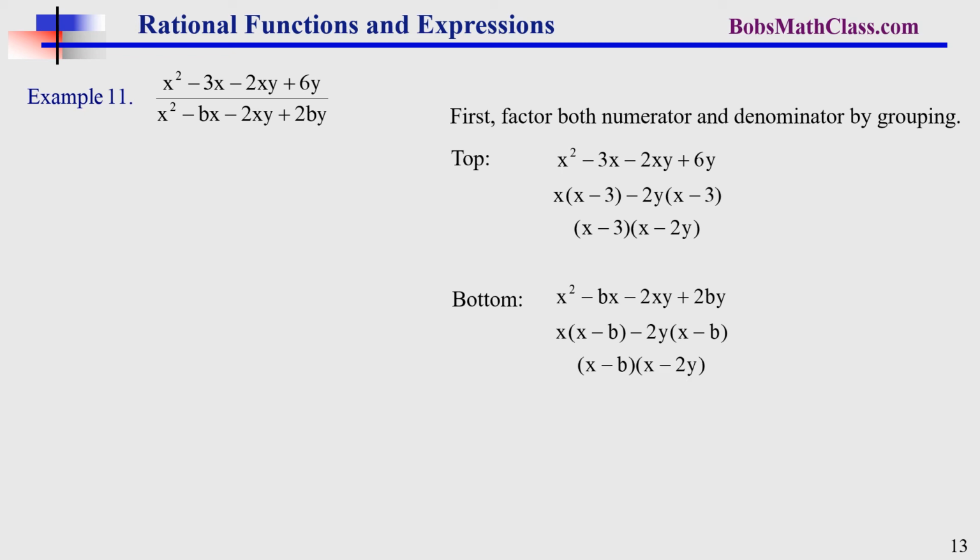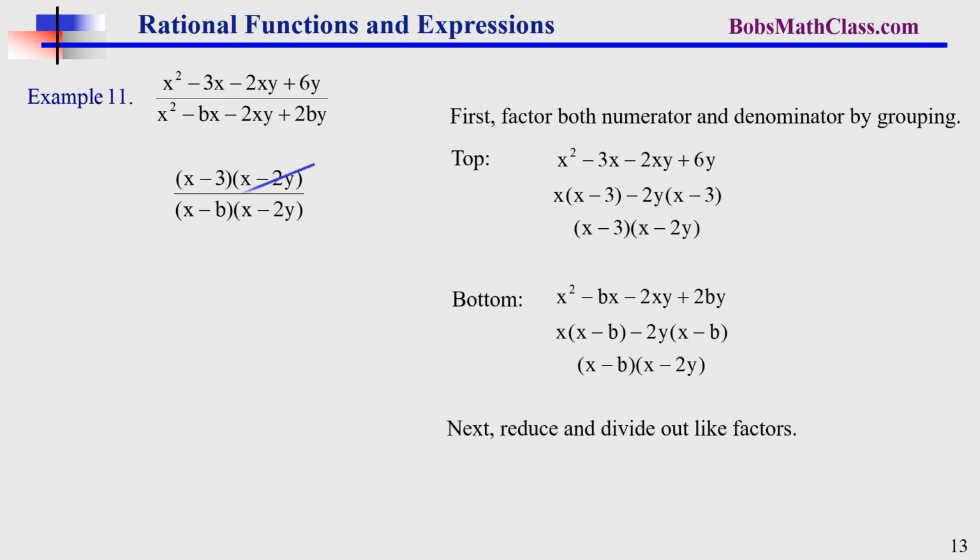That goes first, and then x minus 2y. Let's put it together. What can we cancel? Right, we could cancel the x minus 2y's. And then we're all done. Again, get rid of those parentheses, so it's just x minus 3 over x minus b.